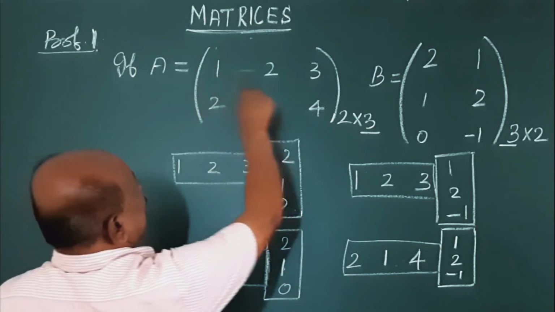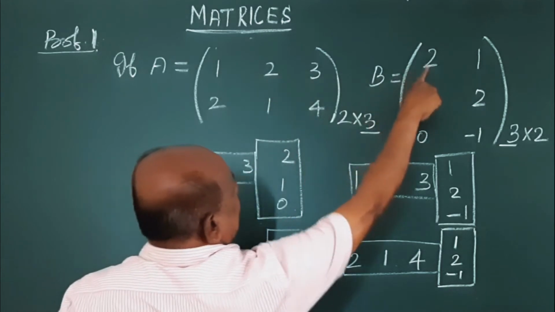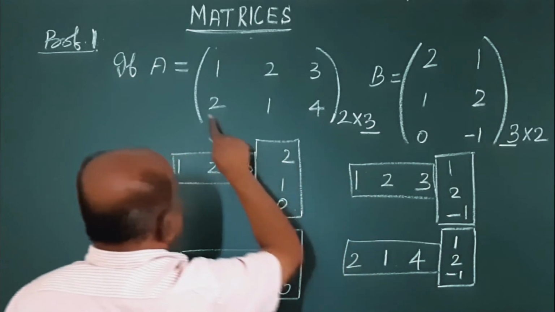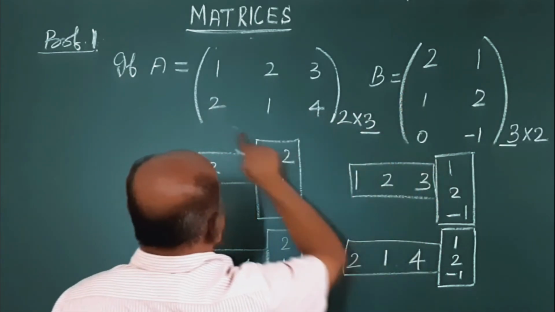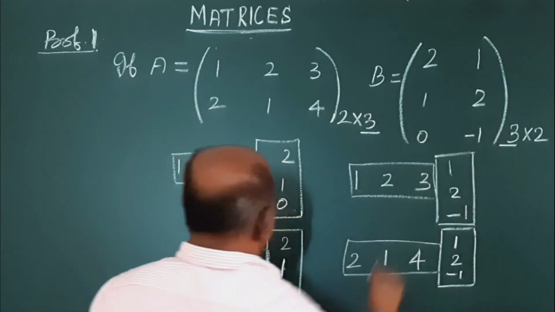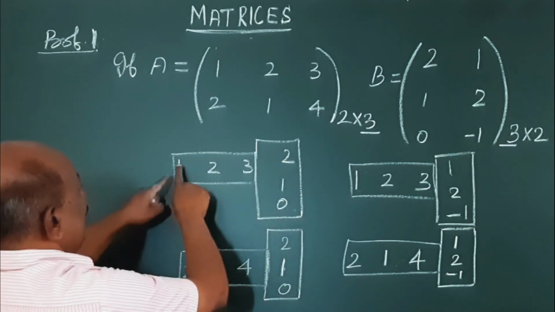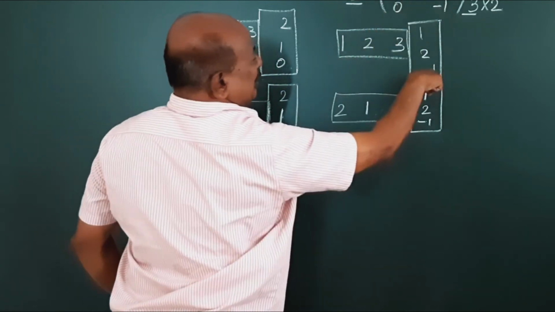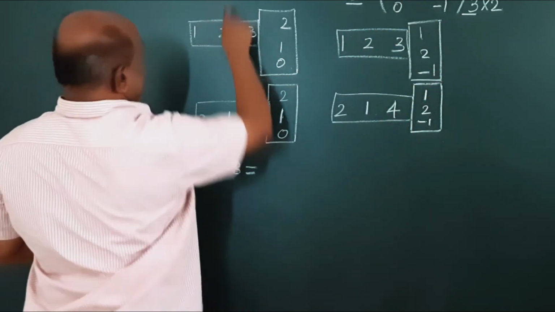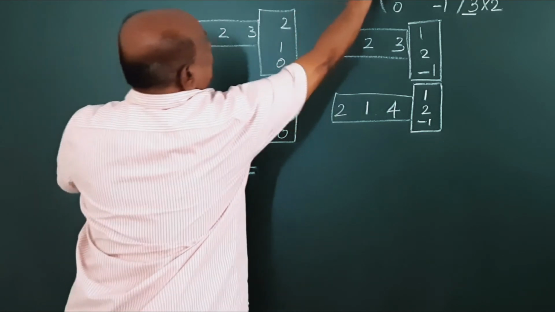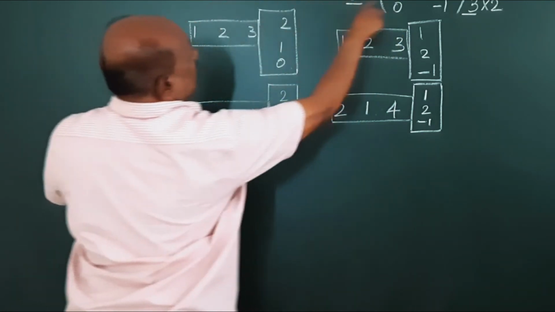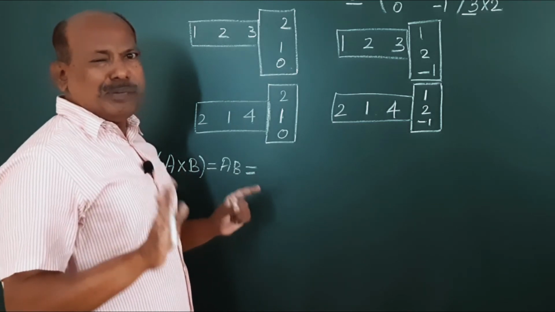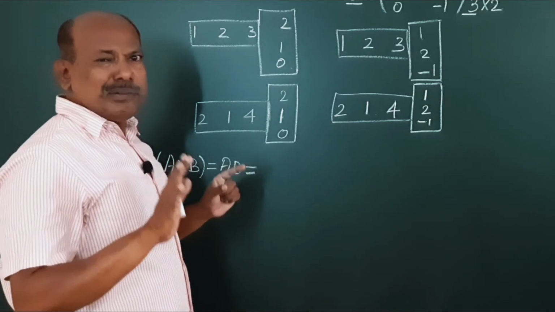Here, first row with the first column, first row with the second column, then second row with the first column, second row with the second column. I have displayed it here. That is the procedure for multiplication of A and B.